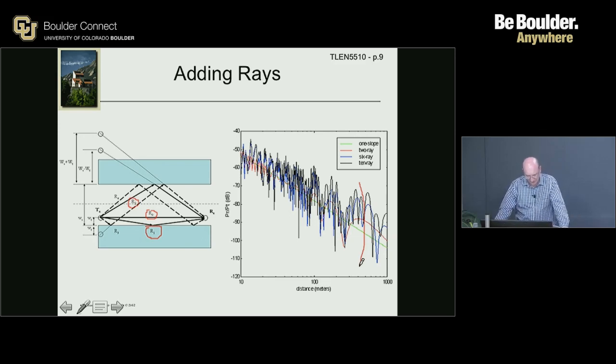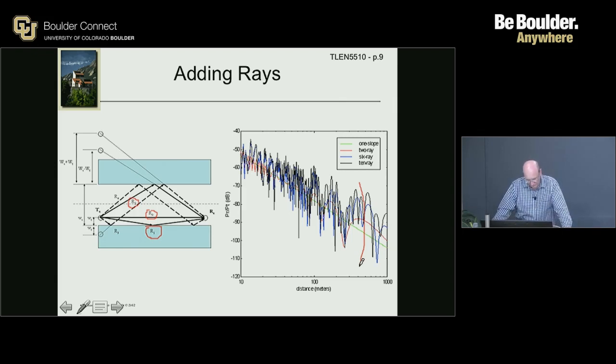Now we have R1, so we use that theorem in the horizontal plane to calculate the distance for R1, but we still need to do it in the vertical plane for the one that bounces off the floor. So it gets a little more complicated, but not that much. It's just square roots of sums of squares of distances. Does that make sense?